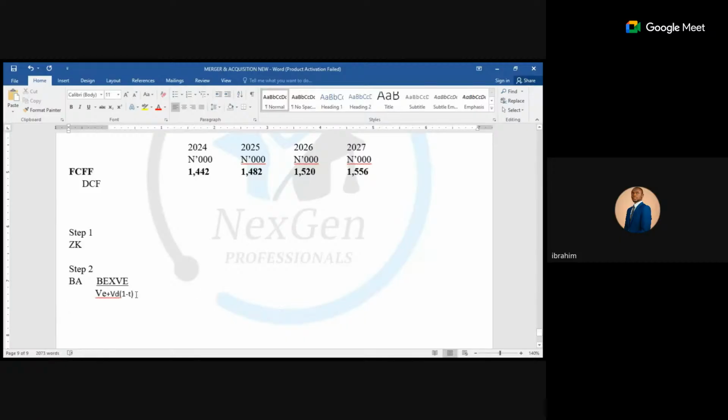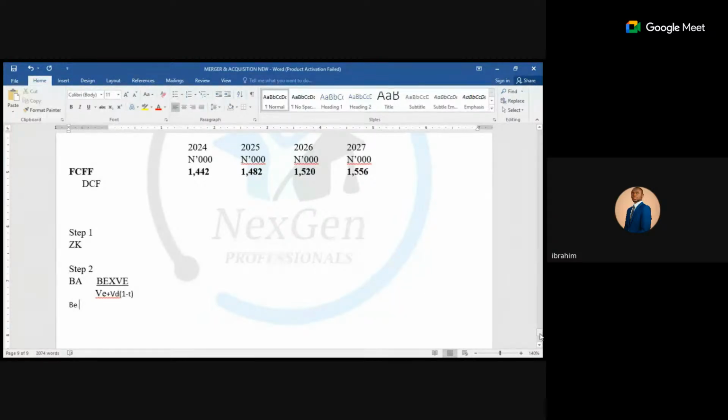So we have this, right? This is the formula for calculating the asset beta. We would have beta debt, but because beta debt is not given to us in this question, that's why we didn't add that part, right? So therefore, BE. What is our BE?